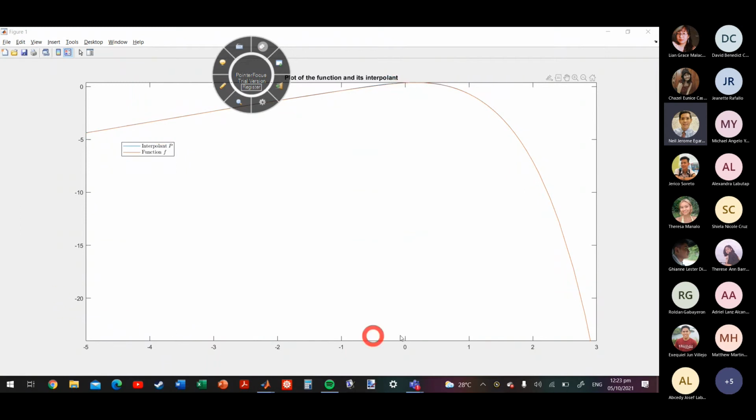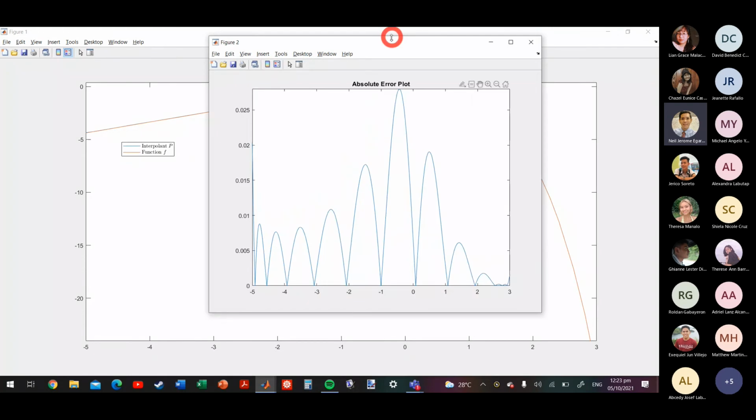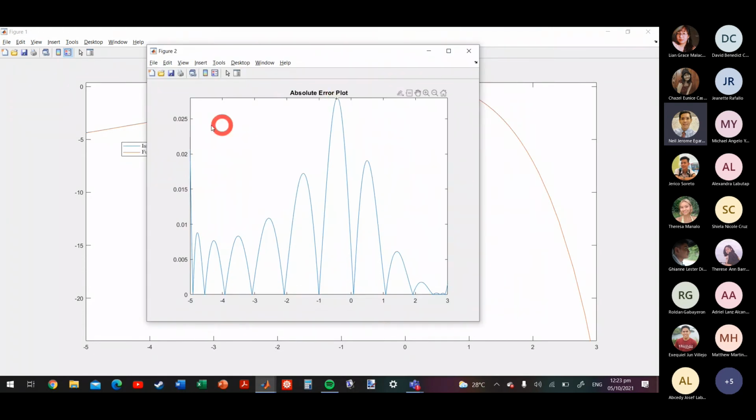Kasi over the interval -5 to 3, halos magkapatong na yung P at saka si F. And true enough, if we look at the absolute error plots, makikita natin na ang maximum error lang ay 0.025. Maximum absolute error ay 0.025.